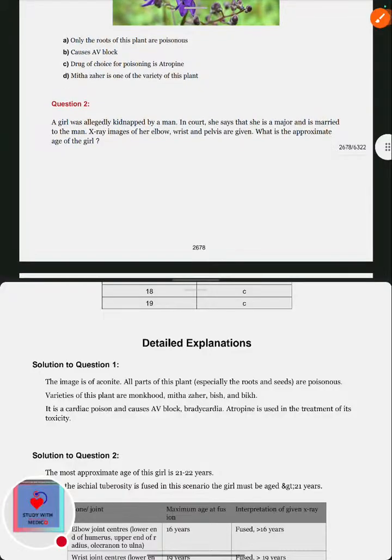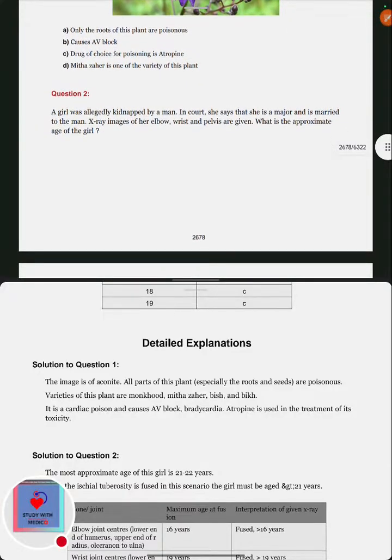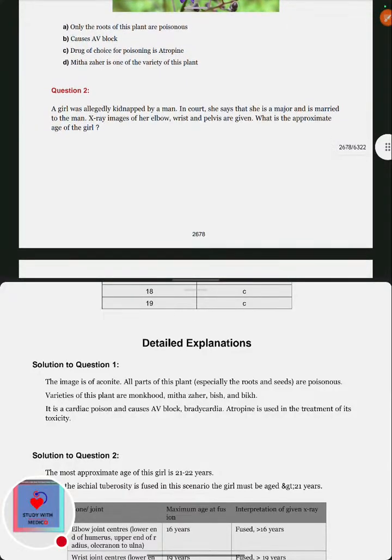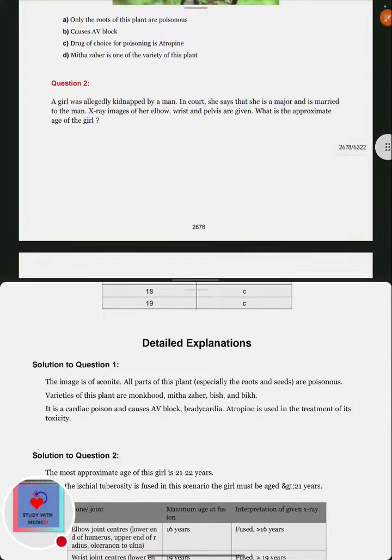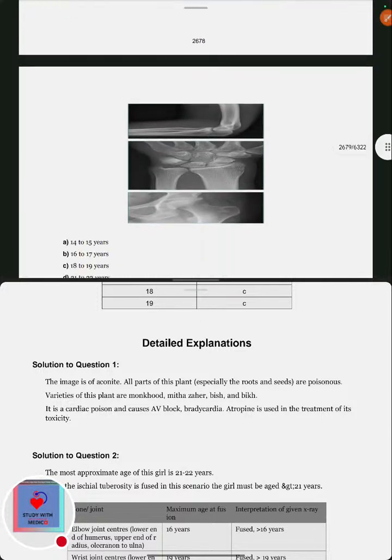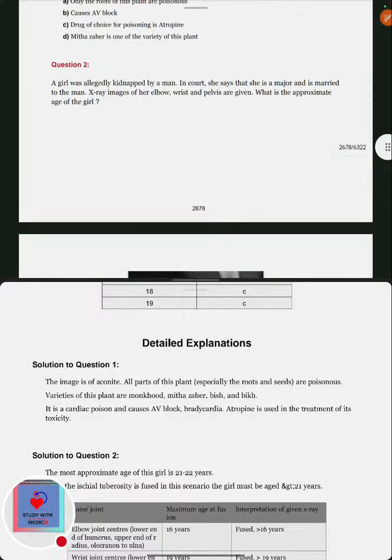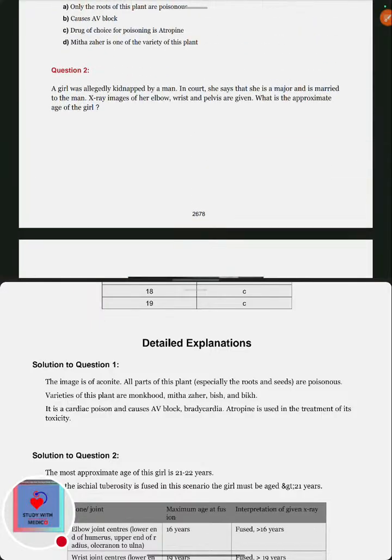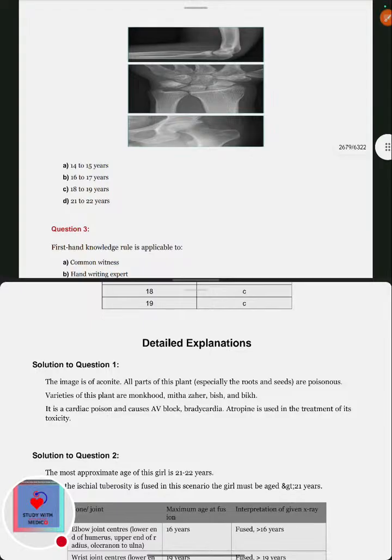A girl was allegedly kidnapped by a man. In court, she says that she is a major and is married to the man. X-ray images of her elbow, wrist, and pelvis are given. Approximate age of the girl?